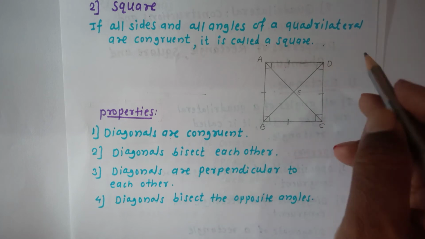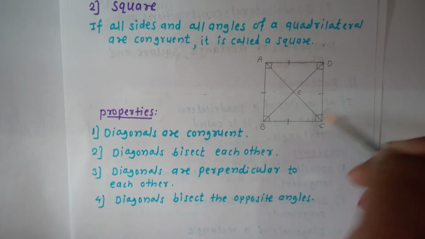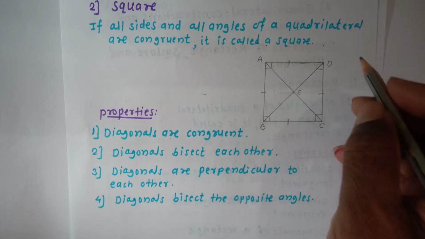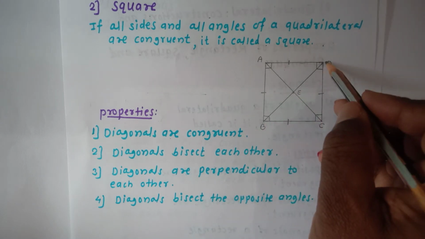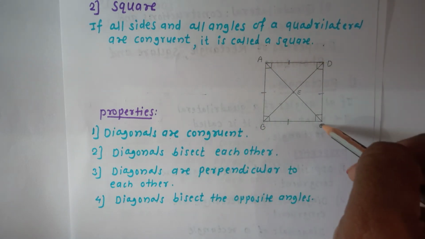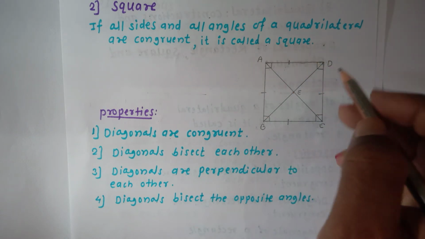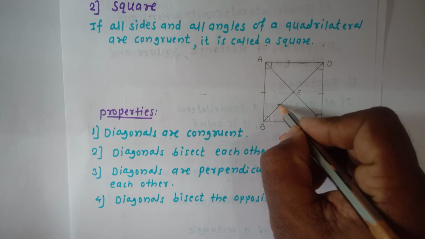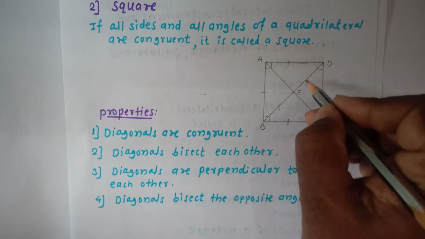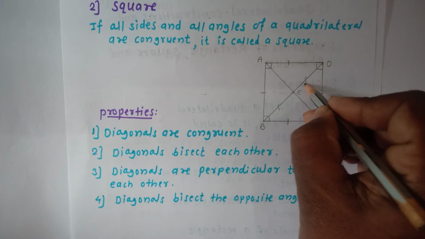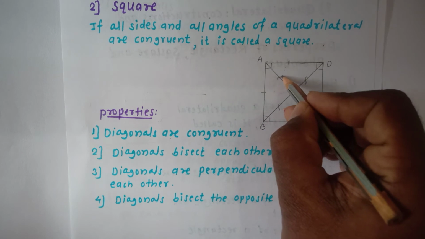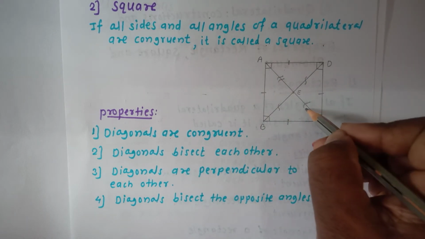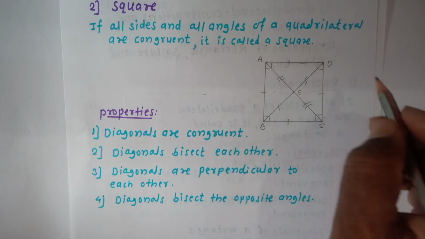Diagonal BD and diagonal AC intersect at point E. Point E is the midpoint of BD, also midpoint of AC. So diagonals bisect each other. Therefore length BE and ED are congruent. Also length AE and length EC are congruent.